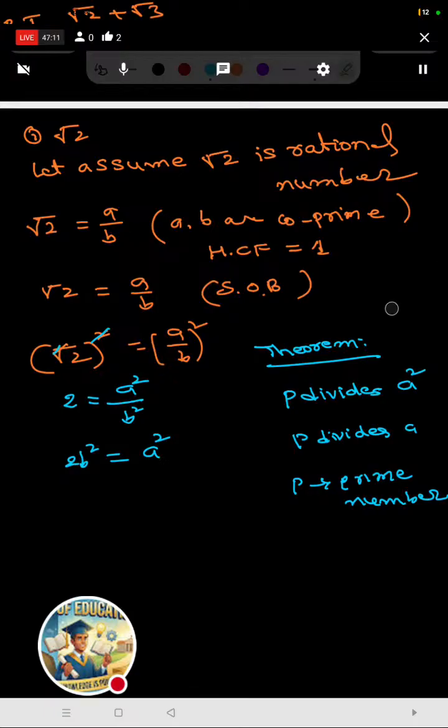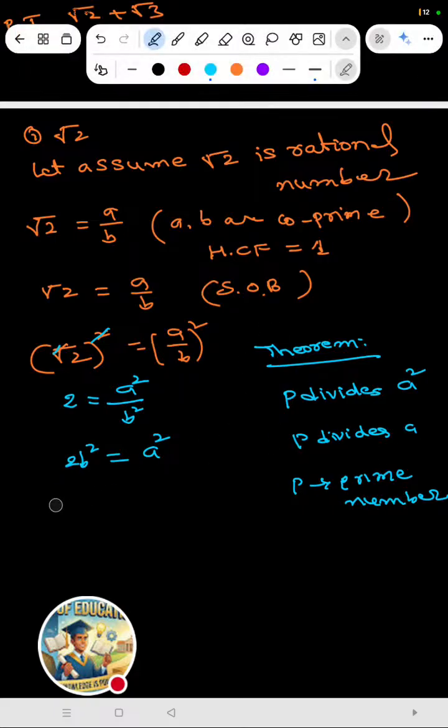Here by this theorem we can say that a square divides by 2.